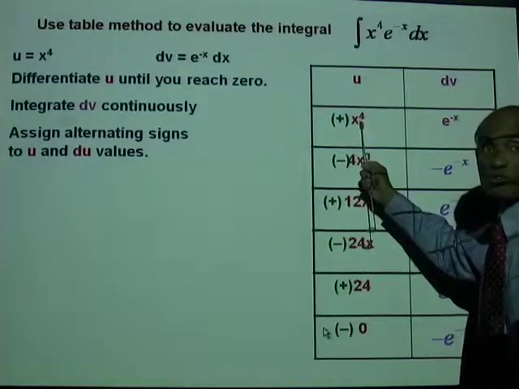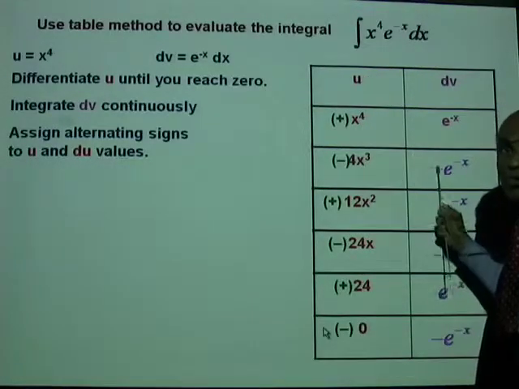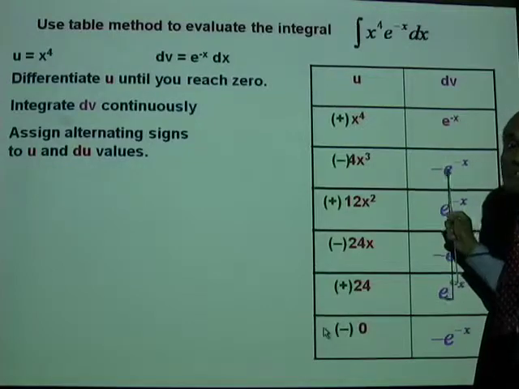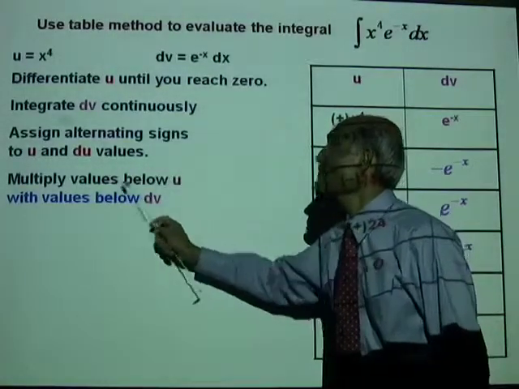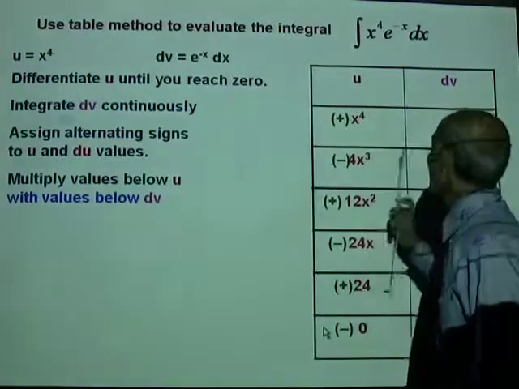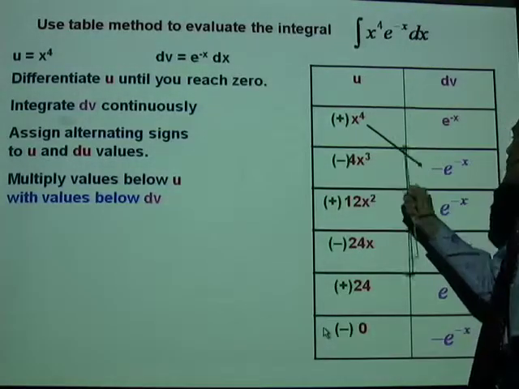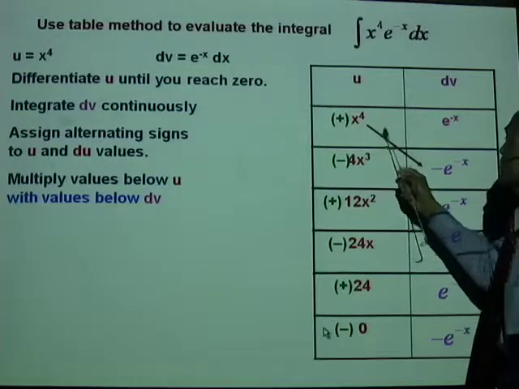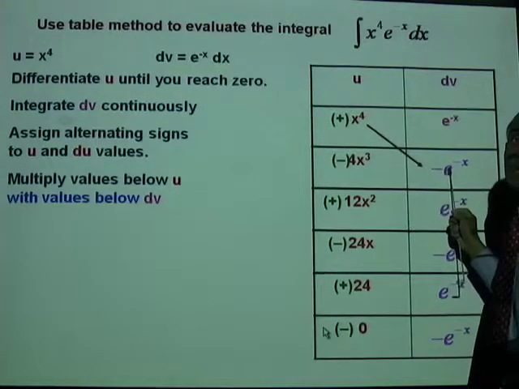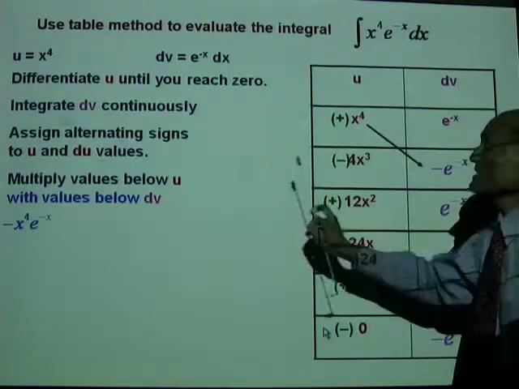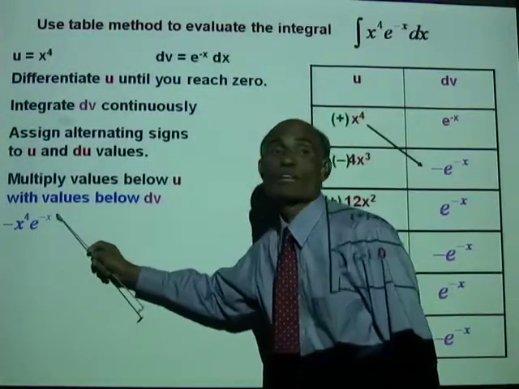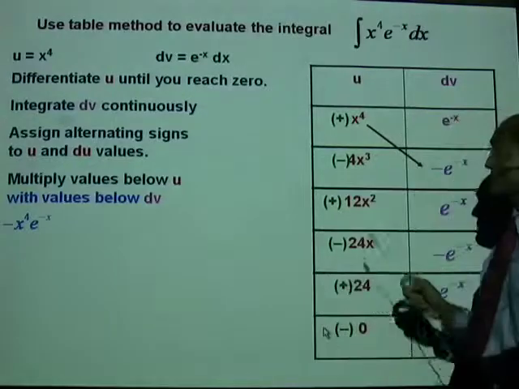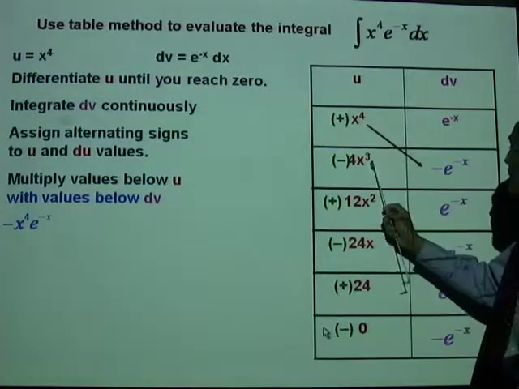You pick our result like this: x to the power of 4 times negative e to the power of negative x. So multiply values below u with values below dv. That gives you negative x to the power of 4 e to the power of negative x. That's our first term.